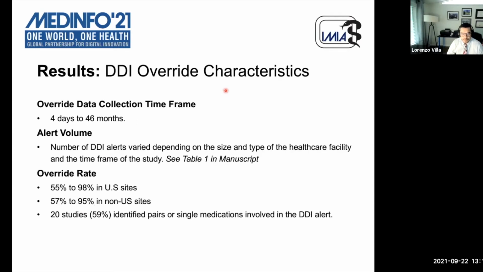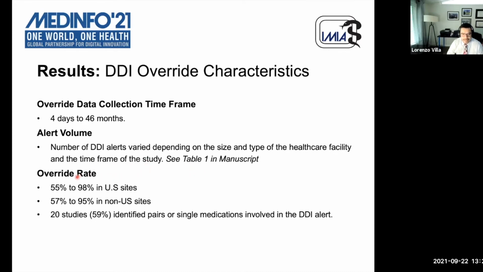Also, regarding the override characteristics within these studies, the override data collection timeframe ranges from 4 days to 46 months. If you are interested in the number of DDI alerts, which varies depending on the size and type of healthcare facility, you can see more details in table 1 in our manuscript.